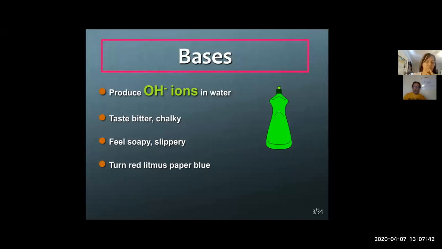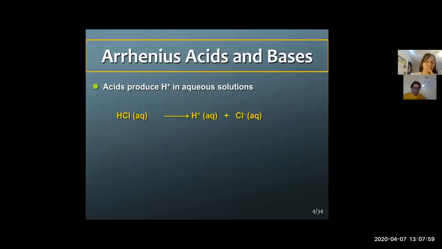All right. Now going back to the litmus paper, as I explained for acids, there's the red litmus paper, and if you put this into a basic solution, it would turn it blue. So that's one way to identify what we have. And so for the definition, there's two types of acids. The first one is called the Arrhenius acid. The Arrhenius definition of an acid is anything that produces a proton.